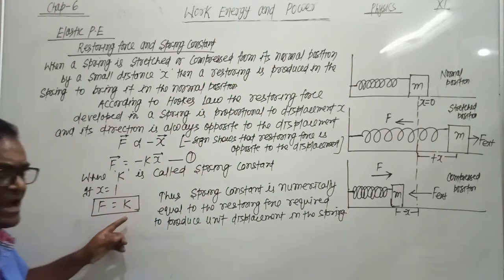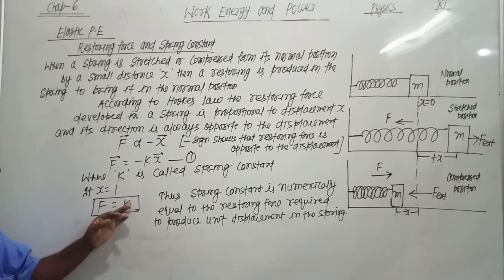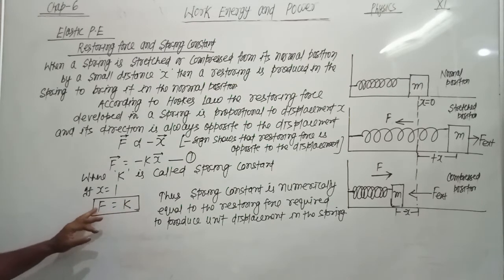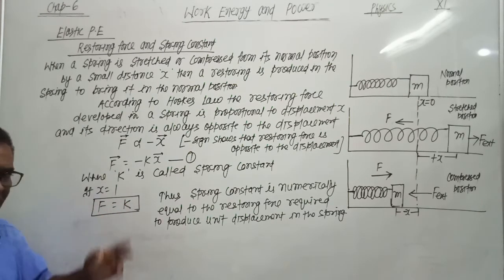When X equals 1, F equals K. It means the spring constant K is numerically equal to the restoring force required to produce a unit displacement in the spring.